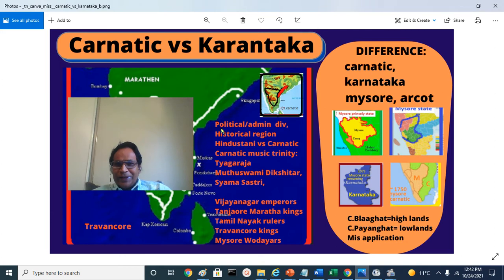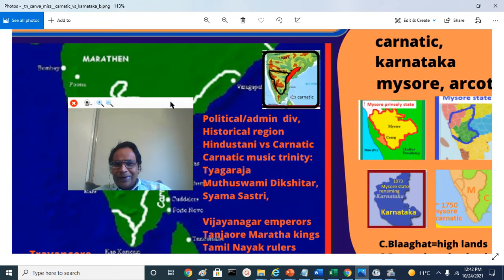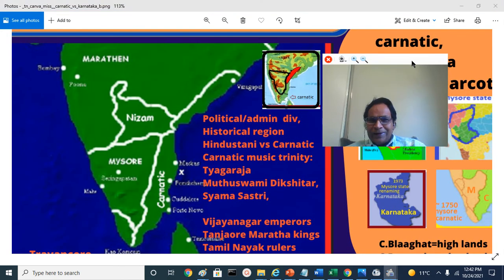So we discussed the political implications, the political meanings as an administrative division. Before that, the Carnatic region has three important areas, and we look at those areas. This is the Carnatic region broadly. The Krishna river will be somewhere here. This is the Kolleru river, that's the northern part of the Kaveri river. Near Cuddalore and Chidambaram, it merges into the ocean.